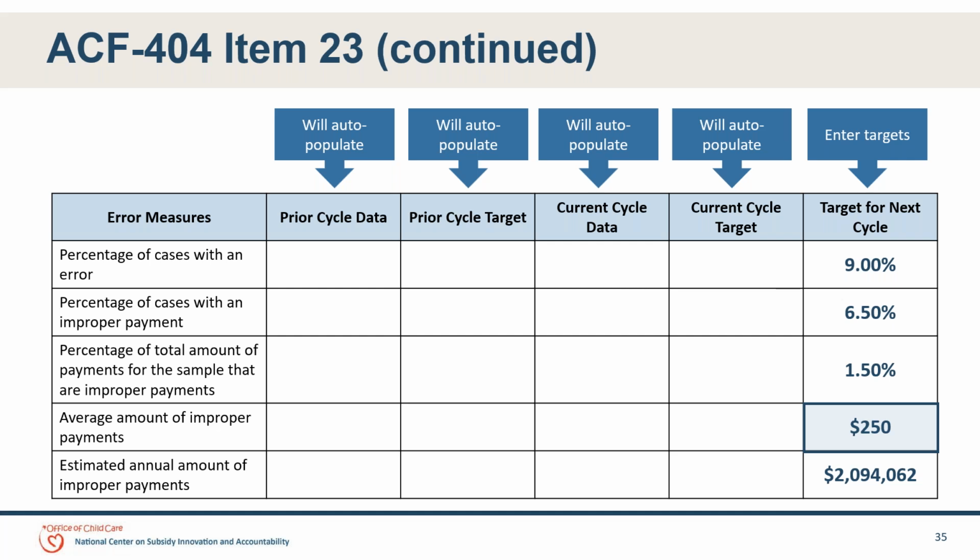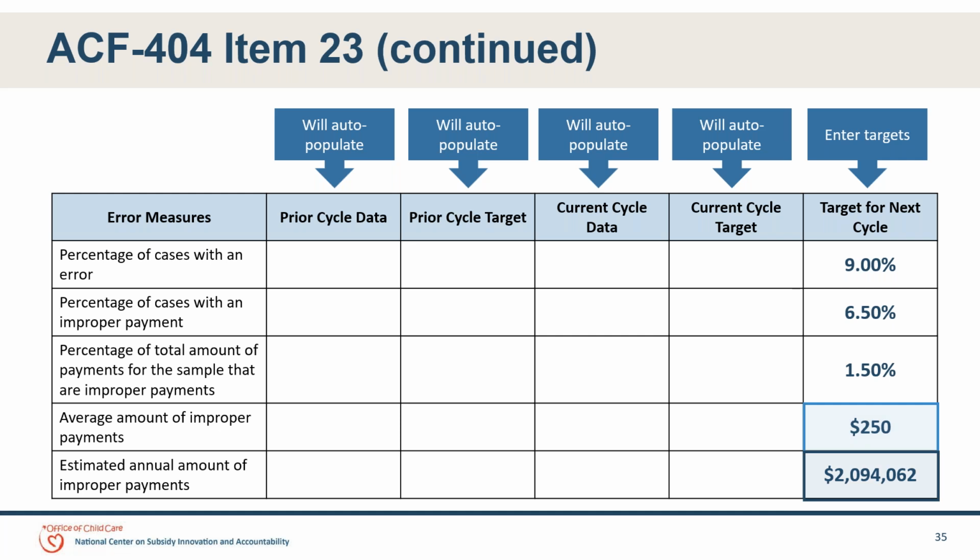If your lead agency is having more funding coming in and you're raising payment rates for your providers, it may be the case that your average amount of an improper payment is not going to go down. We understand that, and we ask that you take that into account when coming up with your target.